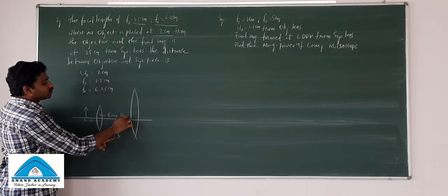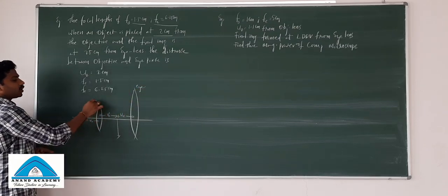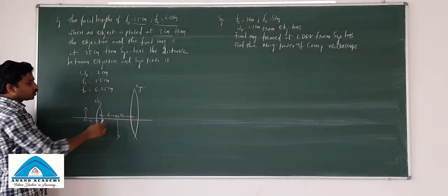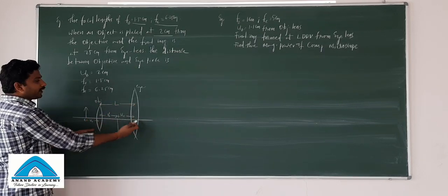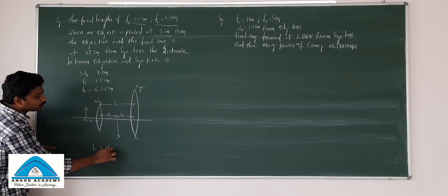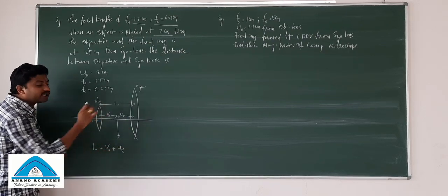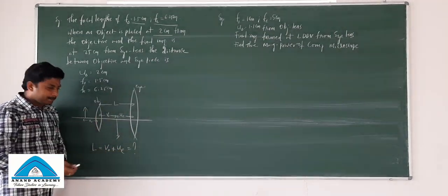So that is UE, because it is the eyepiece and this is the objective lens. The length of the tube of a compound microscope, so many times I have told you, L is equal to V0 plus UE. We need to find this V0.